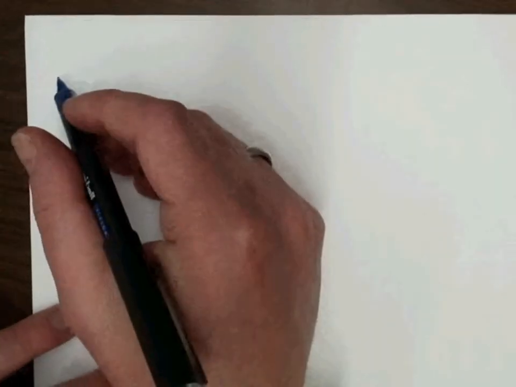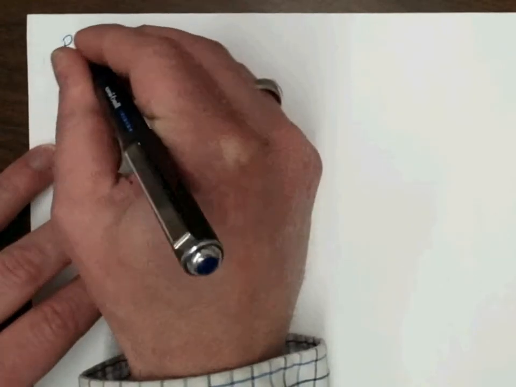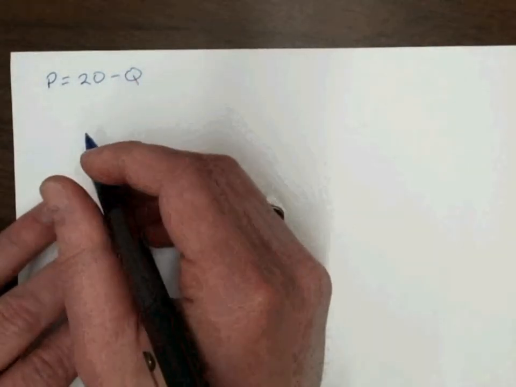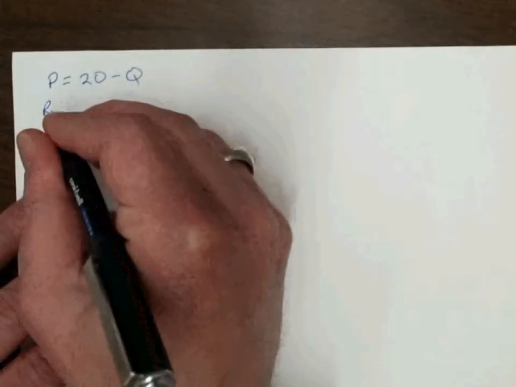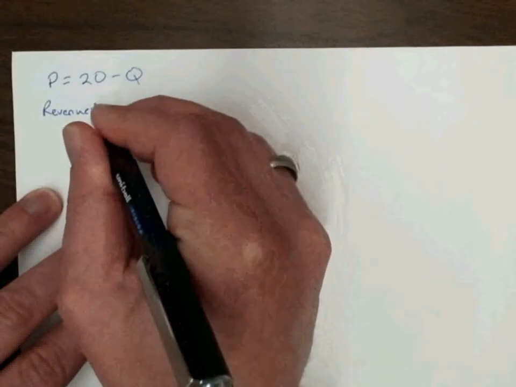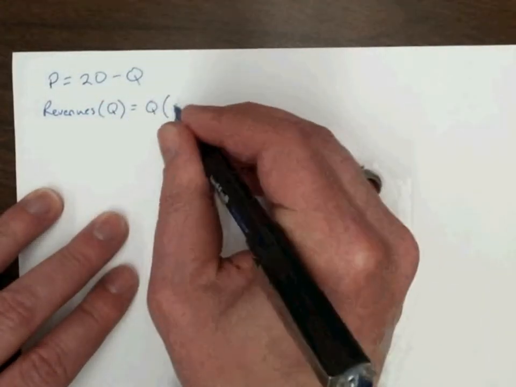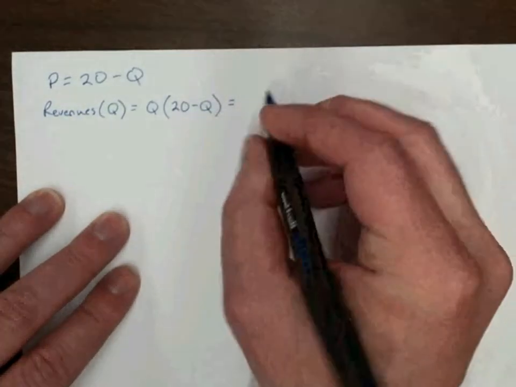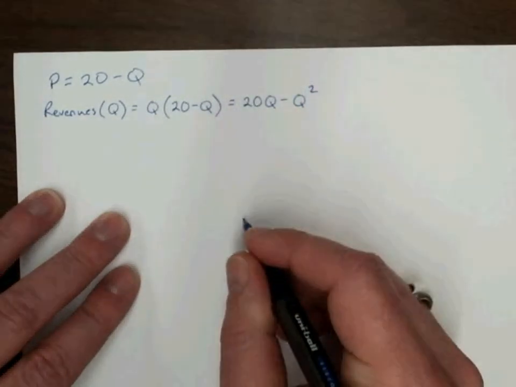We're going to start out by using our inverse demand function, which is given as P equals 20 minus Q. And then our revenues from that, as a function of Q, is simply number of units sold times the price sold, which is equal to 20Q minus Q squared.